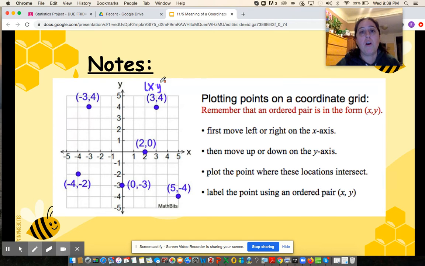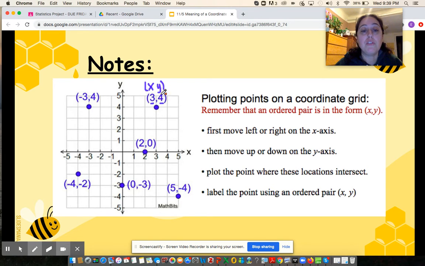So we would call the 3 in here the X term. If I look at my X axis, I'm going over 1, 2, 3, and that lines up with the point. And then I go up 1, 2, 3, 4. So that going up or down is really telling me my Y value.